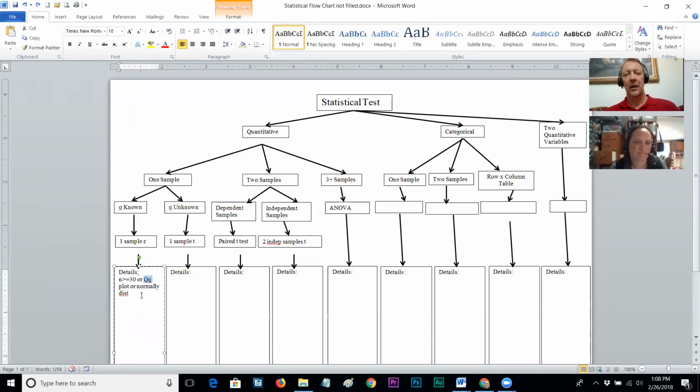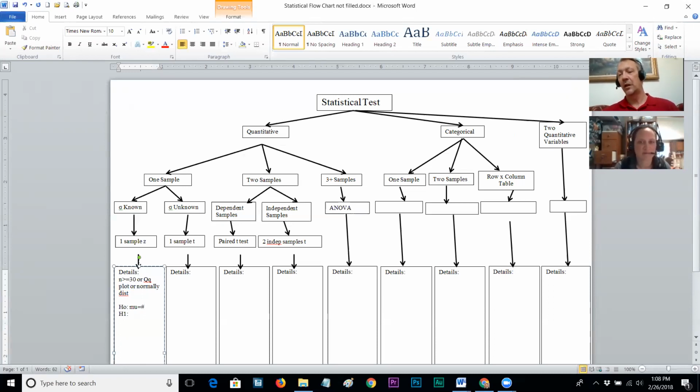The null hypothesis in this case, and I'm not going to do all of these, but I'll do this first one. What should your null hypothesis be? Mu is equal to some number. Not X bar.